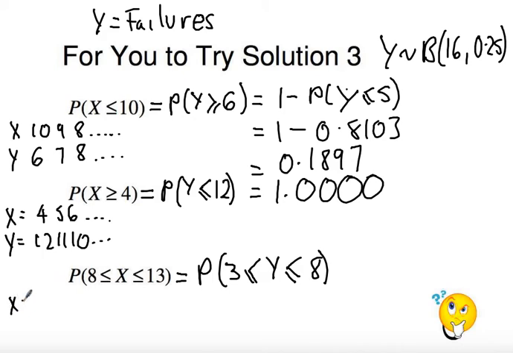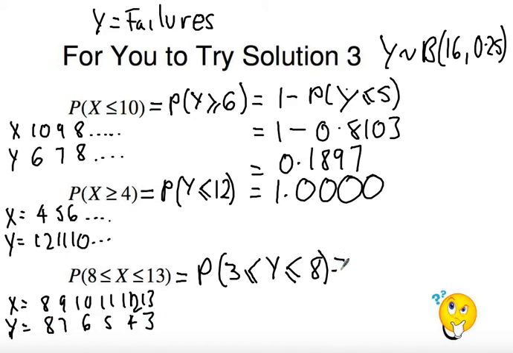Again, let's just check that. So 8, 9, 10, 11, 12, 13. And so y, if I do them in pairs adding up to 16, I get 8, 7, 6, 5, 4, 3. And you can see I want the values from 3 up to 8. So to calculate this, I want to do probability y is less than or equal to 8.